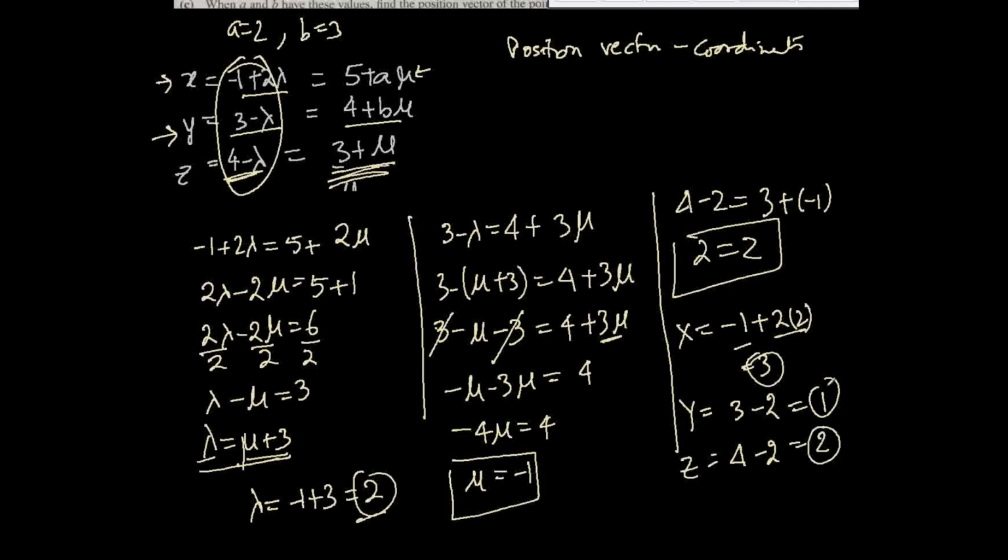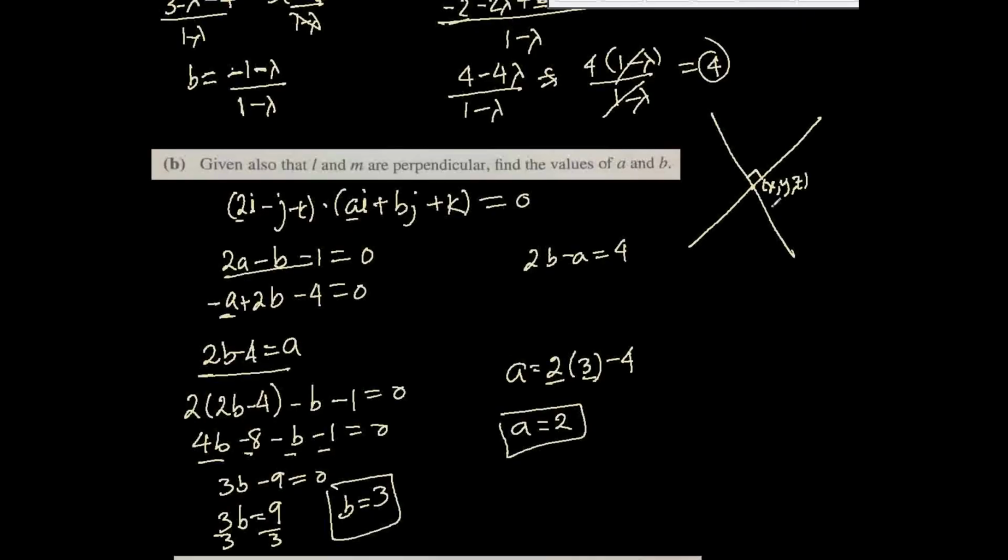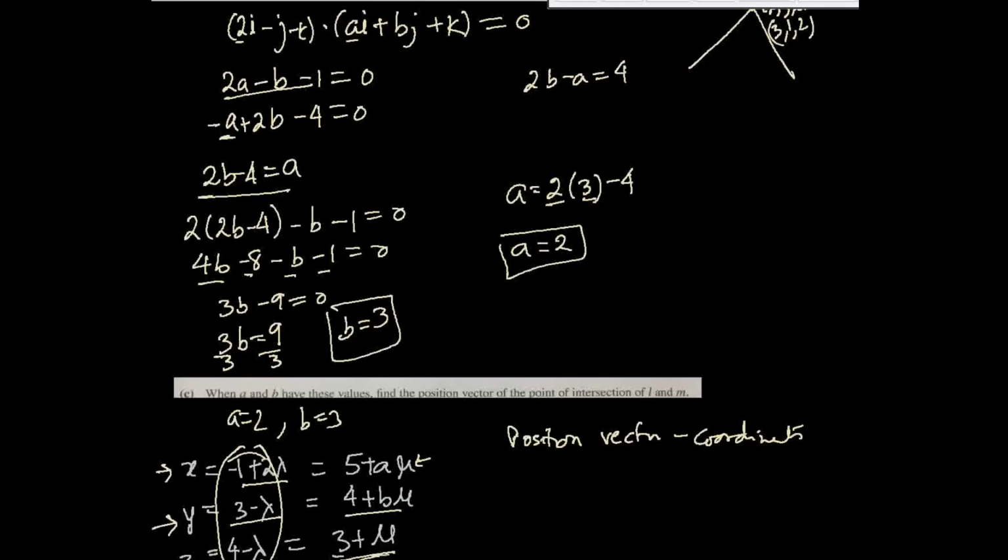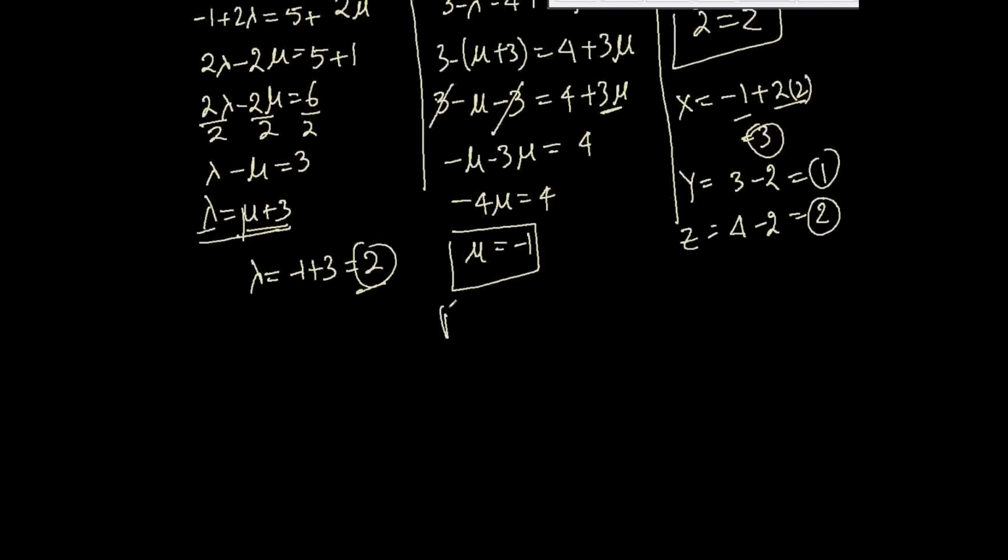So 3, 1, 2 are the coordinates of M. Let me show you which one. Here. 3, 1, 2 are converted to position vectors. So the position vector of M, which is OM, will be 3i plus j plus 2k. That is the position vector of M.